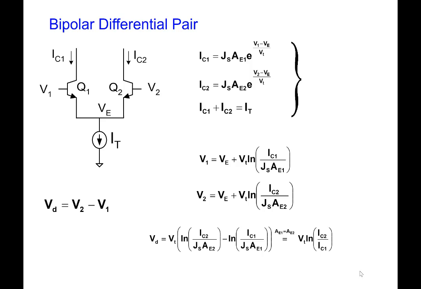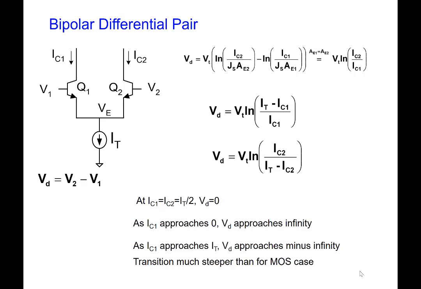Now, we know that IC1 plus IC2 is equal to I total, so I can plug in place of either IC1 or IC2 an expression in terms of the other variable, and if I do that, I can get VD in terms of IC1 and VT in terms of IC2.